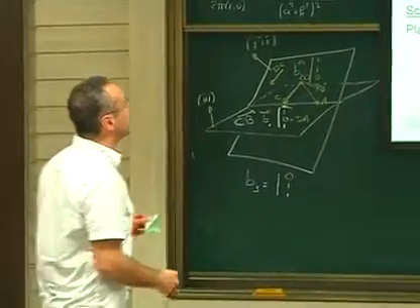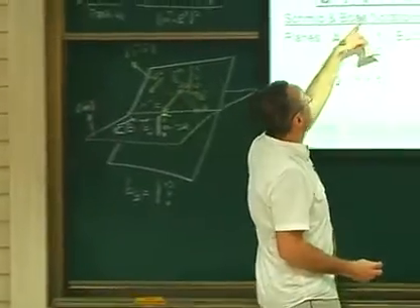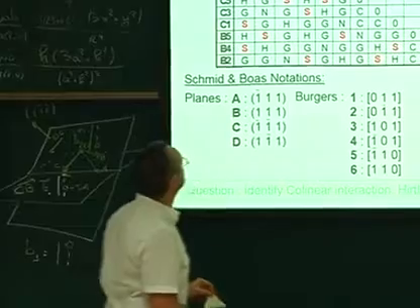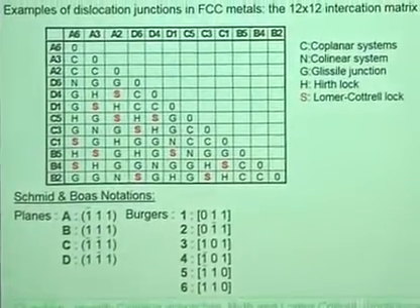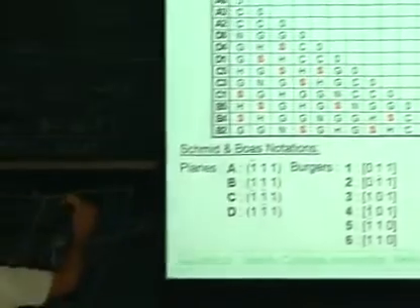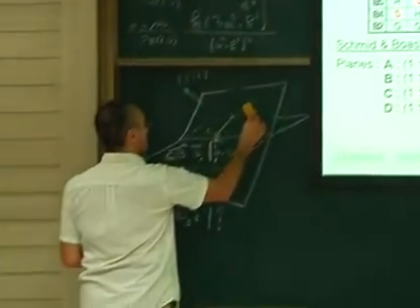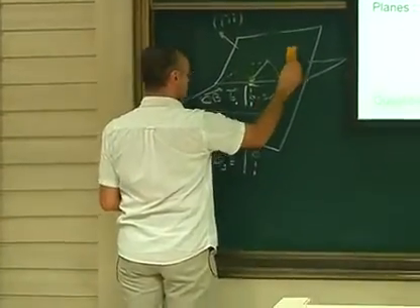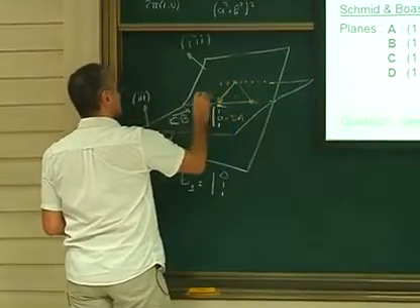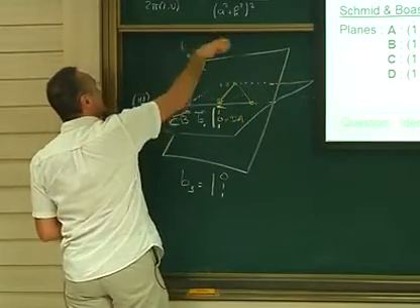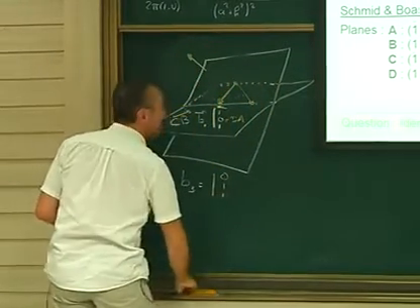So now we can try to look at the Hirth and the glissile if you want. So the first one will be the same as before, I don't change it. I just change the second plane here. So my Thomson tetrahedra will not have the same letters. I change that into the second one in my list.